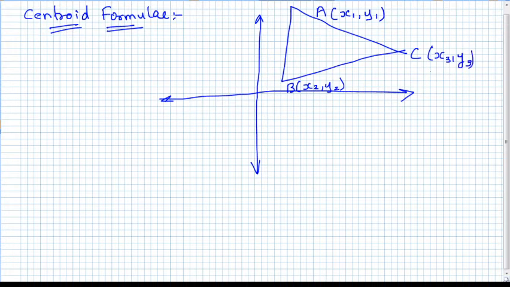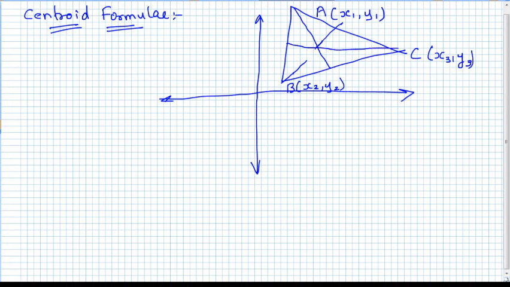Okay. Now, what is a centroid? First of all, what is a centroid? The centroid is the point of intersection of all three medians, right? See, there is a property. If I draw the first median like this, there is another median from here like this, and there will be one more like this.